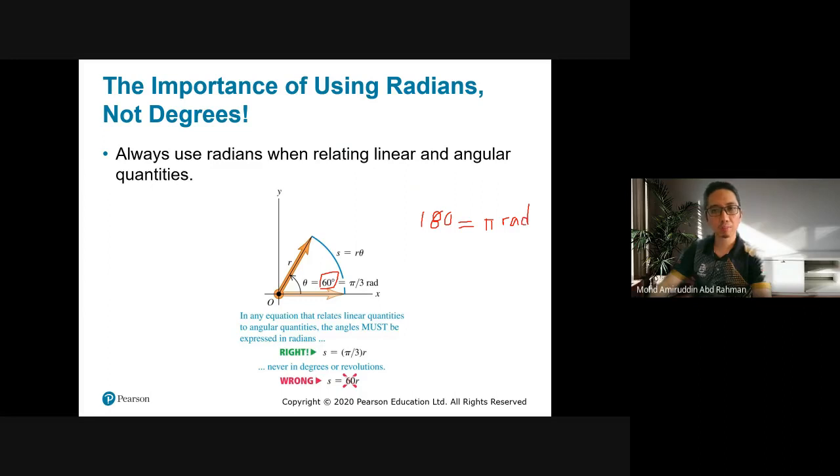So if it is 60, then 60 over 180 times pi gives you that angle of 60 degrees in terms of radian. So it is basically pi over 3 radian.